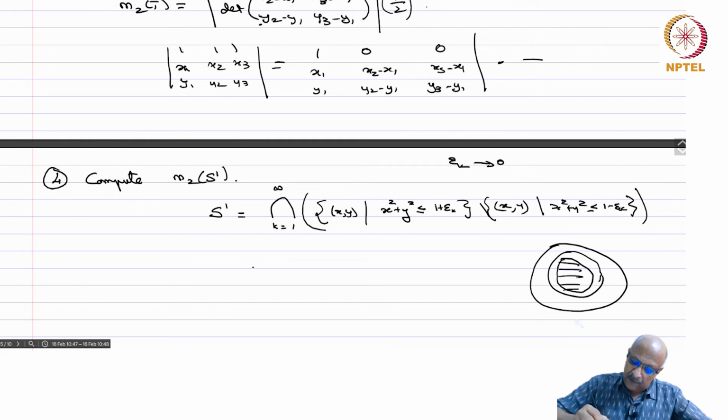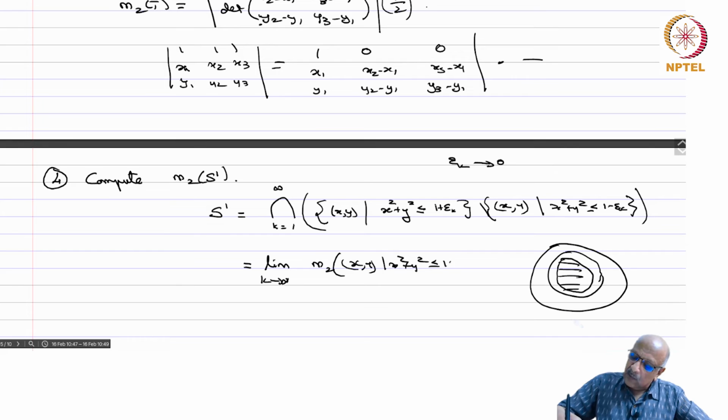And therefore that is equal to, now you have a decreasing sequence of sets and the intersection is S1. So this is nothing but the limit as k tends to infinity of M2 of the set of all (x,y) such that x square plus y square is less than or equal to 1 plus epsilon k, minus M2 of the set of all (x,y) such that x square plus y square is less than or equal to 1 minus epsilon k.